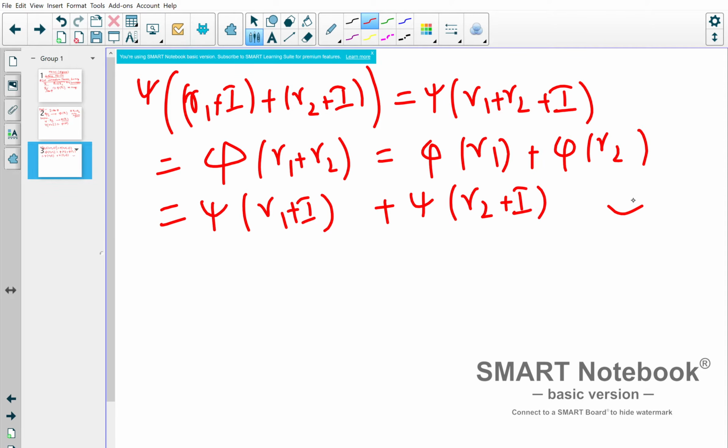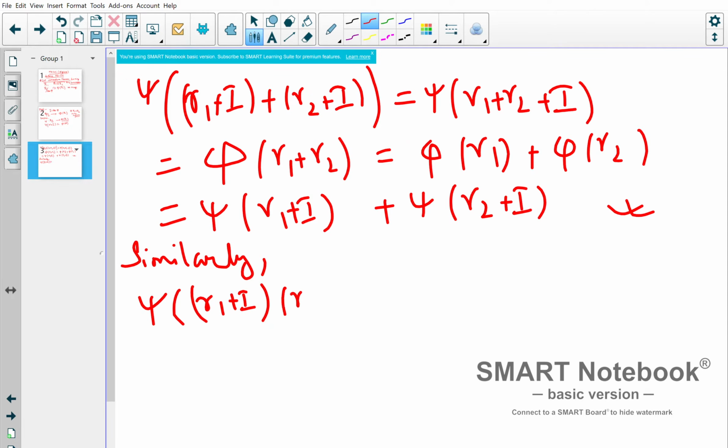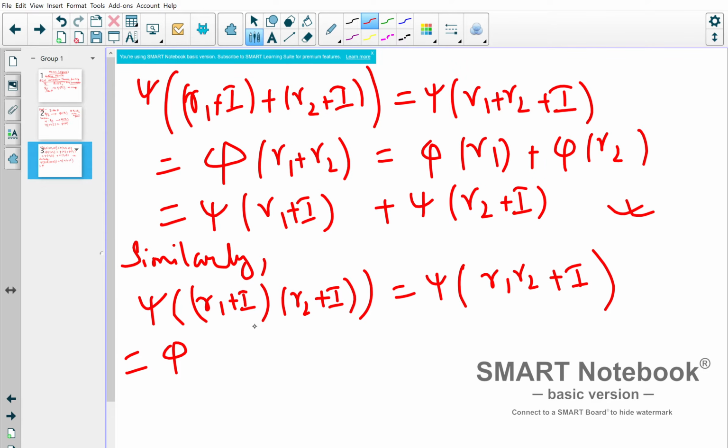Okay. Now I need to check it for multiplication, and similarly you can do it. You can write psi of R1 plus I into R2 plus I, and by the multiplication of the quotient ring this is psi of R1 R2 plus I. But again, by the definition of psi, it is nothing but phi of R1 R2.